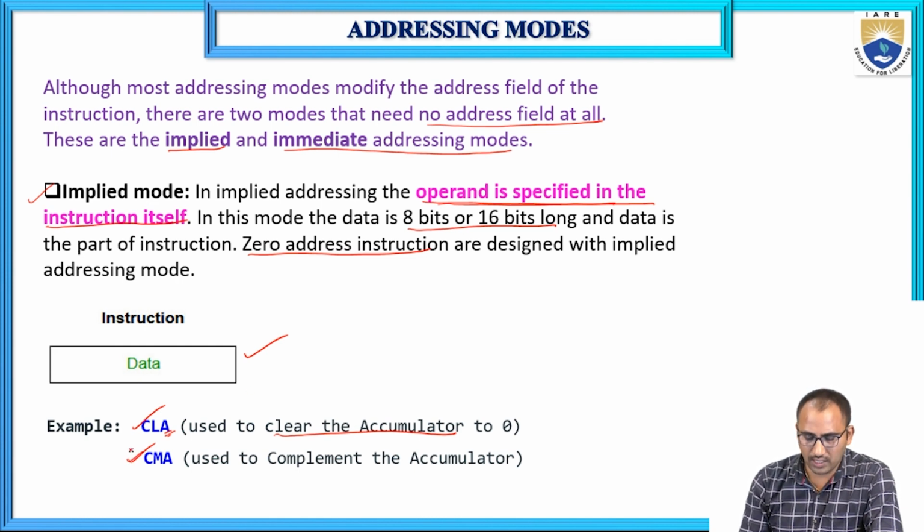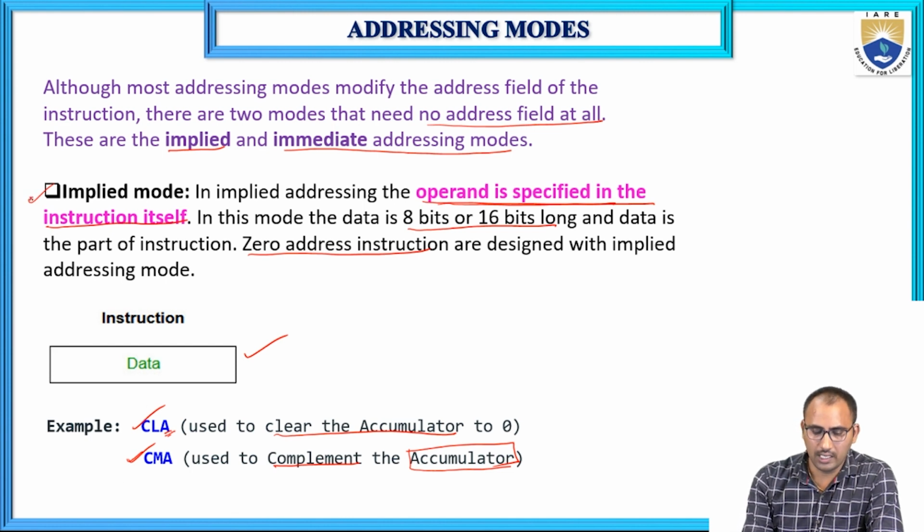The second example is CMA, complement accumulator. Complement means the NOT operation, the reverse operation. Whatever contents are in the accumulator will be complemented.